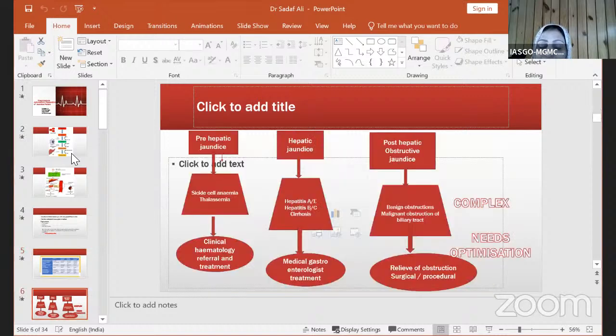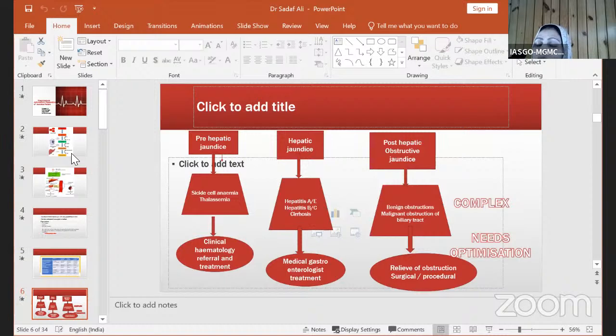So these are the three different variants, wherein most of the patients of pre-hepatic are referred to the clinical hematologist for subsequent management. Maybe some patients would come for surgical and endoscopic intervention. The hepatic jaundice, with various causes of hepatitis discussed since morning, is basically treated by antiviral drugs and proper follow-up protocol by medical gastroenterologists.